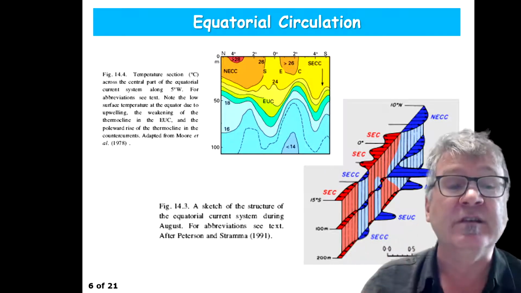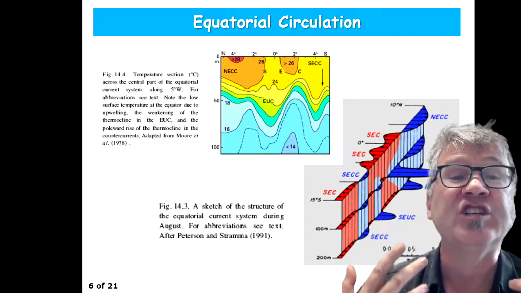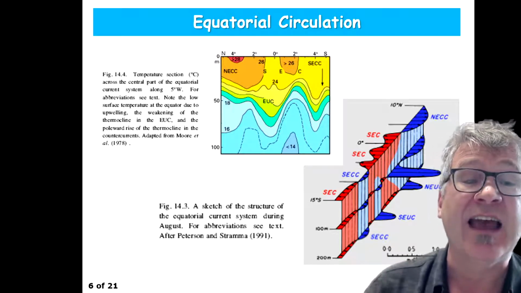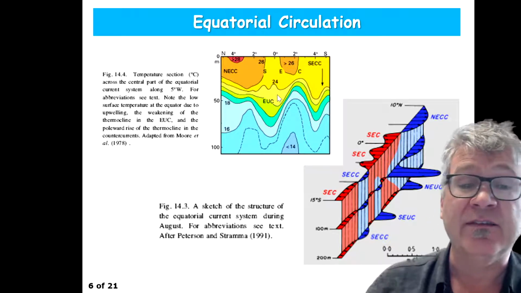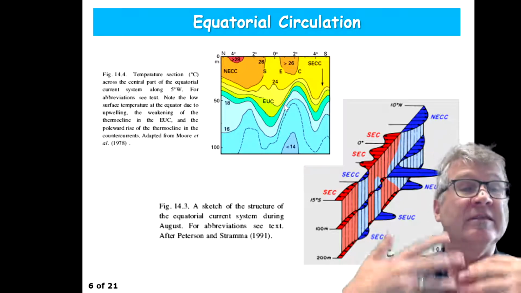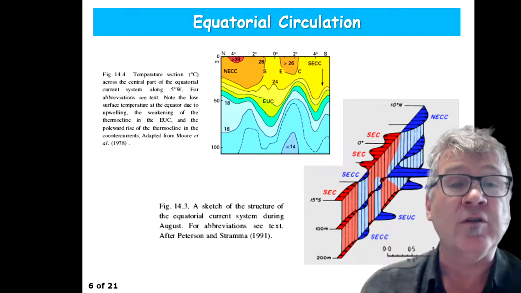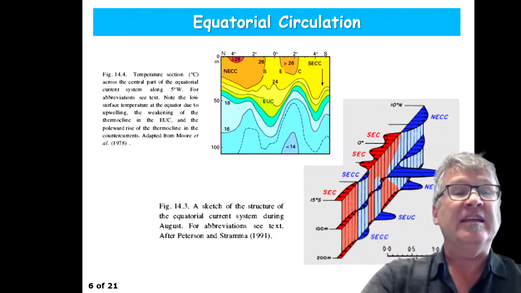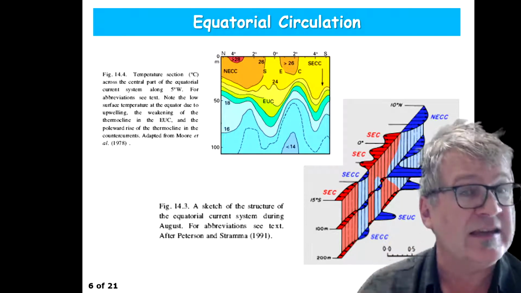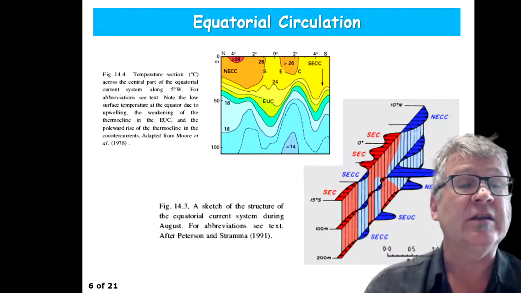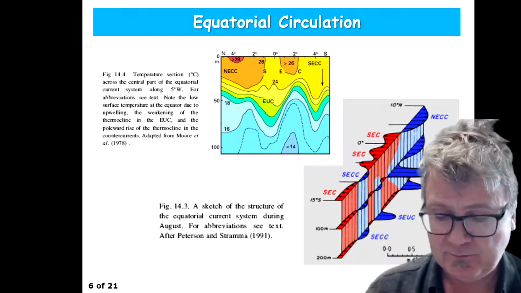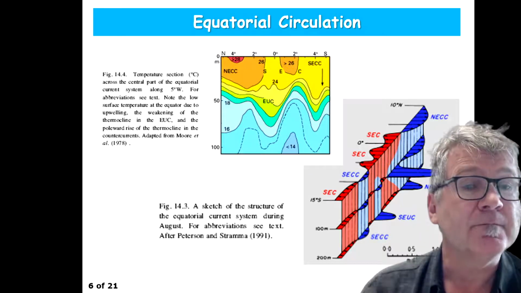And you can derive these current systems from the shape of the temperature lines, the isotherms, that you can see here. All these shapes that you get are actually the signature of currents. It's to do with the adjustment of the internal density field, which includes the temperature, to the wind forcing. Okay, all right.